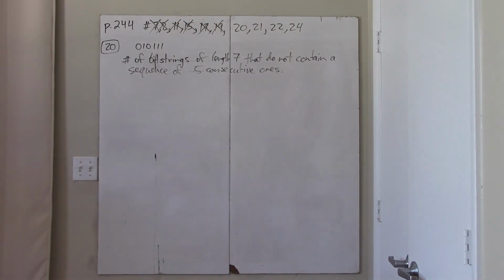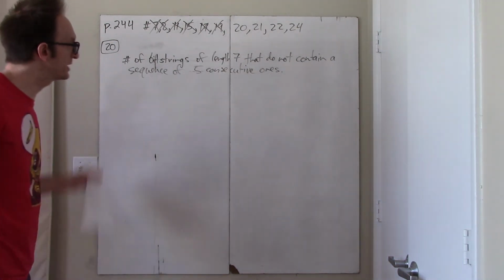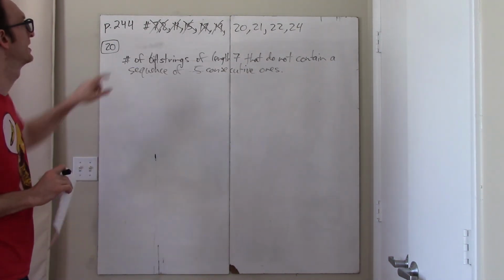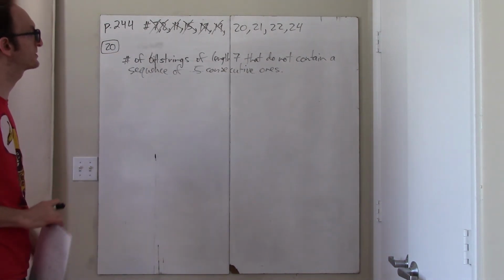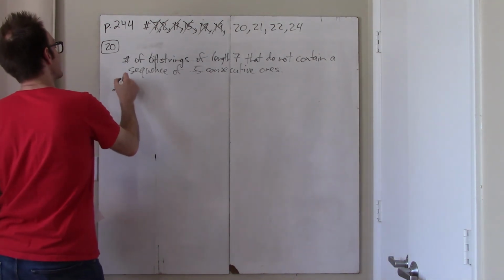Okay, well that sounds really hard. So, what we will do is consider the complement. Switch to a new marker. And what we will do is we will say, okay, well, let's consider all the bit strings of length 7. So all the strings of length 7 where each character is either a 0 or a 1, that's what a bit string is. How many of those are there? Well, there are clearly 2 to the 7th of those.